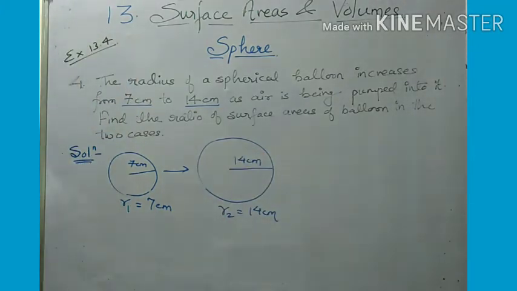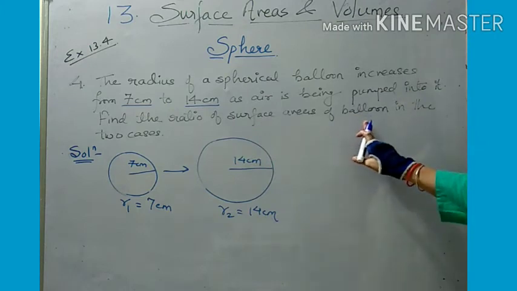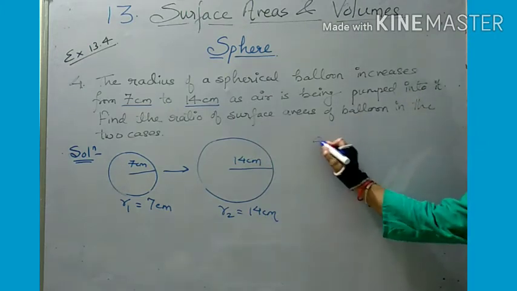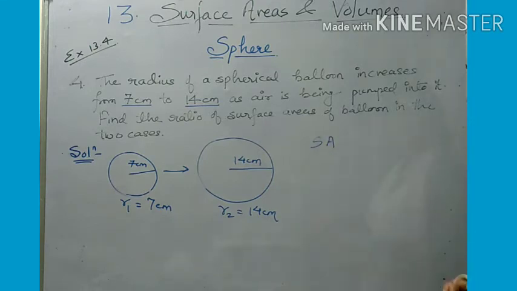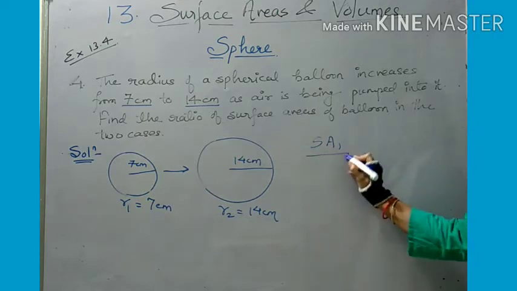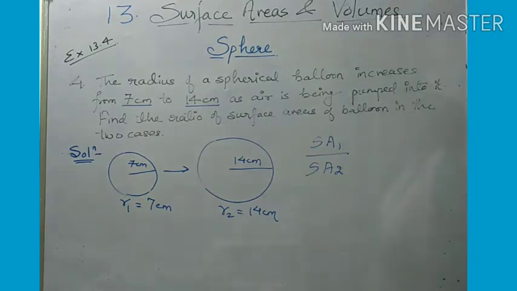So this is given to us. Now what we have to find? We have to find the ratio of the surface areas of the balloon in the two cases. So it means we have to find surface area of balloon in case 1 upon surface area of balloon in case 2.